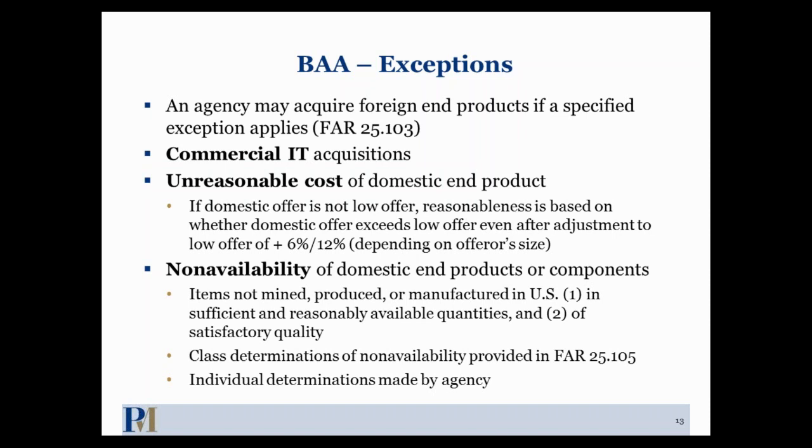GSA's position, and we have a slide on this, just to give you a preview, is that TAA applies to all scheduled contracts. So a very often asked question when it comes to IT is, does this mean I can supply IT from China, which would obviously not be BAA compliant, and is also not TAA compliant?